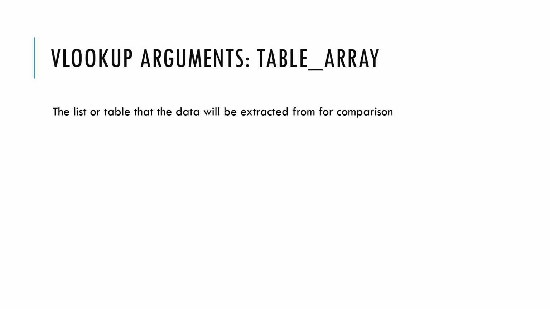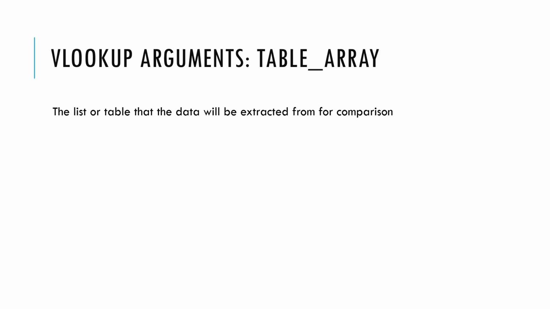So table array is the list or table that the data will be extracted from for comparison. So for instance, let's say you're at work and you have two reports. One report is your report, that's the one you keep day by day, and someone sent you a second report. Well, you want to see if there's any information on that second report that is also on your report that you keep day by day.